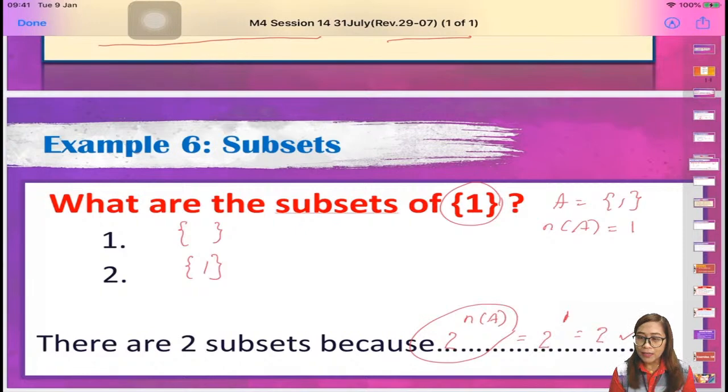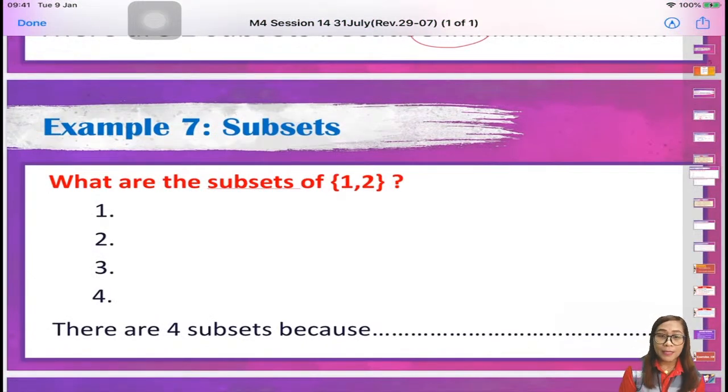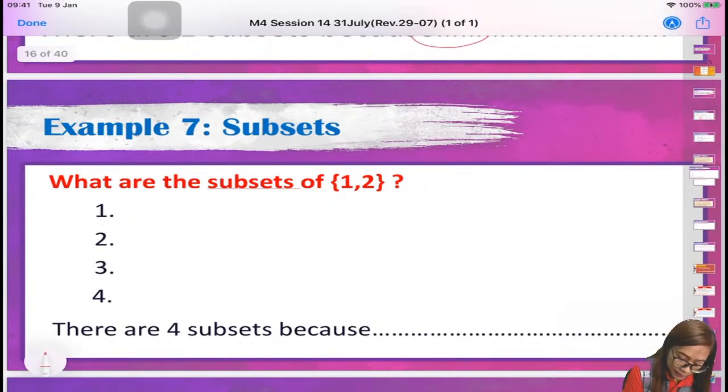Yes? Okay. Example 7. How about the subsets of the set of 1, 2? Again, what are the subsets of the set of 1, 2? So the first is the empty set, because an empty set is a subset of a given set.